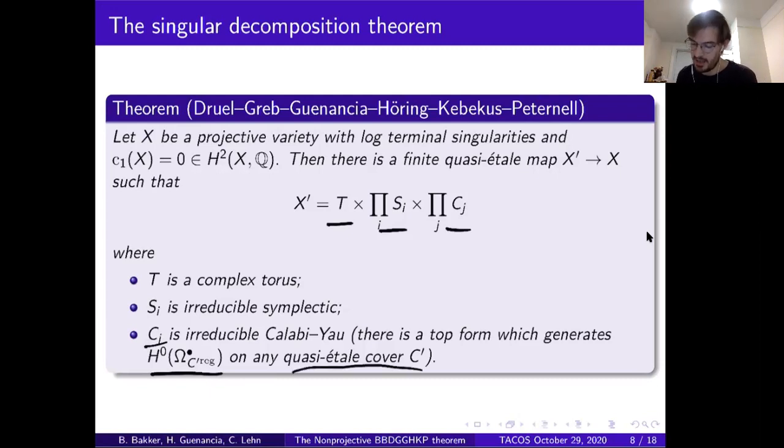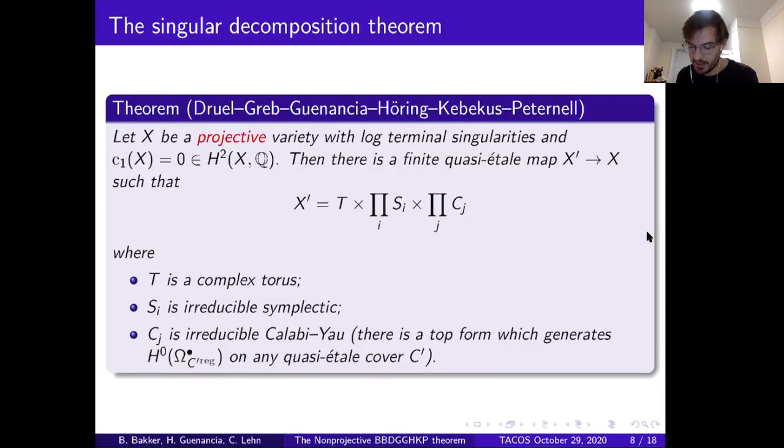Let me just note here that because the singularities are log terminal, in particular, the canonical class is Q-Cartier. So it makes sense to talk about the first Chern class of X inside rational cohomology.